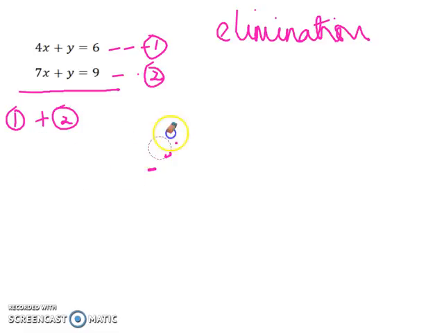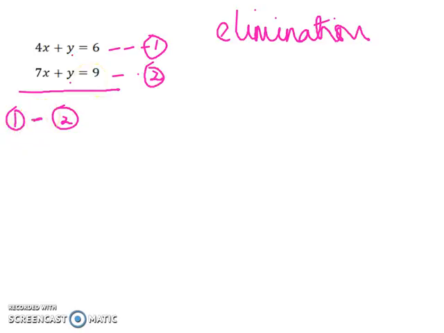Let's try something else. Instead of adding them together, if I was to take them away from one another, y take away y, that would eliminate this variable. I can take these away, I can take these away, and that would work.